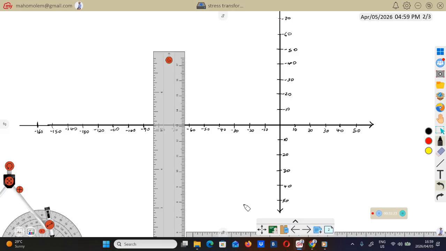Okay. From Mohr's circle, the first thing that you need to do, before you can draw this, is to find the center of our circle. So the center of our circle will be equal to the average stress. Let me write it here.